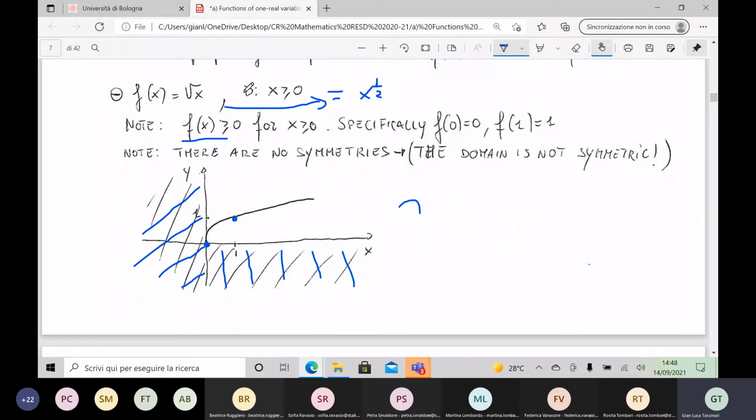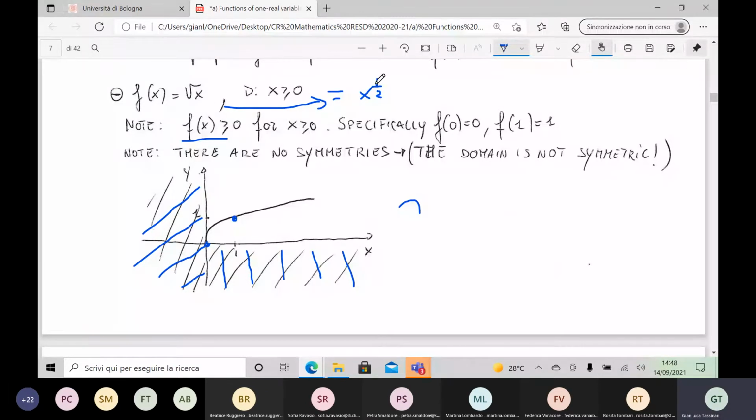So this special case is still an irrational function, and in particular it is a power function with positive and rational exponent. Rational because, guys, it is a ratio of two numbers.